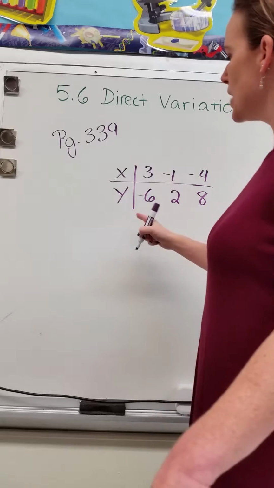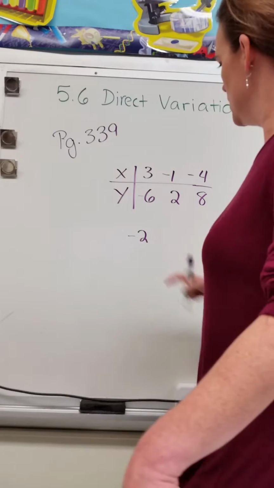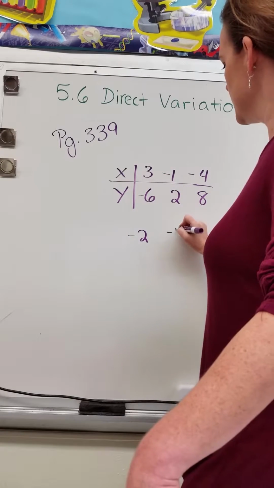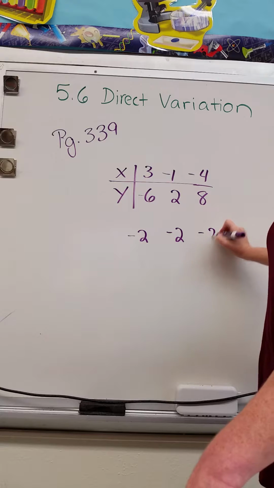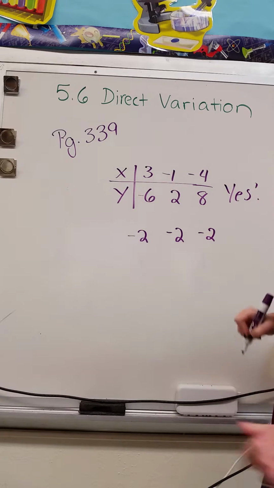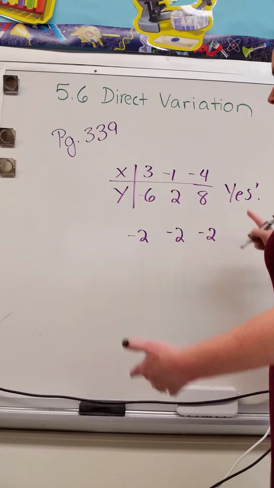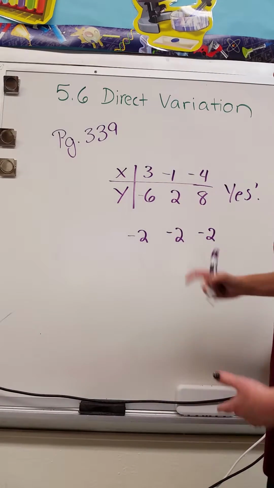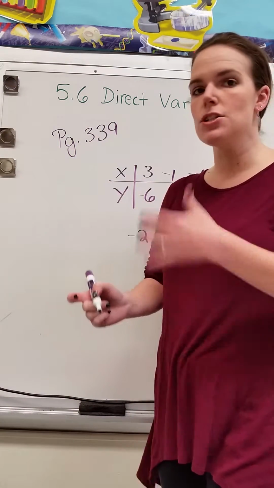Well, this time when I do y divided by x, I get -2. Each time, y divided by x gives -2. So yes, that is a direct variation because there's just that constant y over x. And eventually you guys are going to learn that this y over x thing, that's your slope.